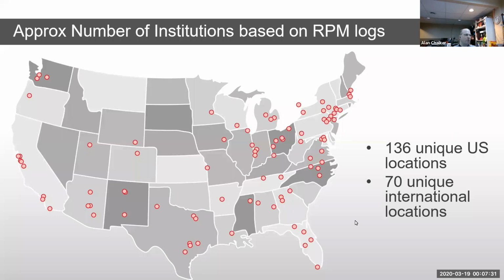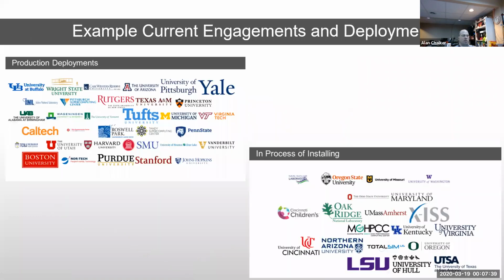Now, we don't know exactly what those locations are. We just have IP addresses from that. But what we do have is some institutions self-identify. And so if you go to the OpenOnDemand.org website, which I'll show you here in a second, we do put logos up of institutions that we know either have a production deployment or are in the process of installing it.